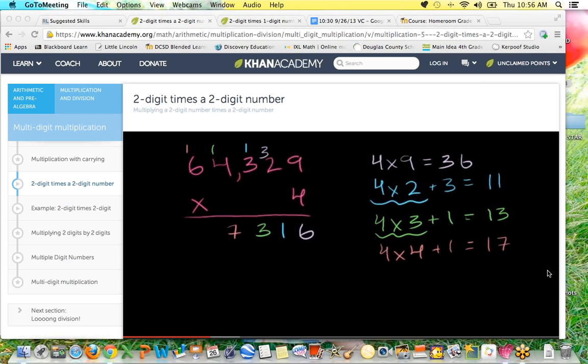We're almost done. Then we have 4 times 6 plus 1. 4 times 6 is 24 plus 1 is 25. Put the 5 down here. There's nowhere to put the 2. There are no more multiplications to do, so we just put the 2 down there.